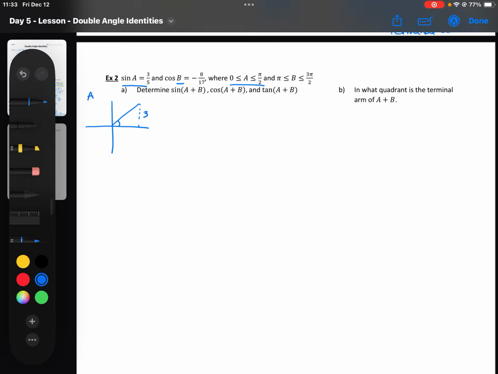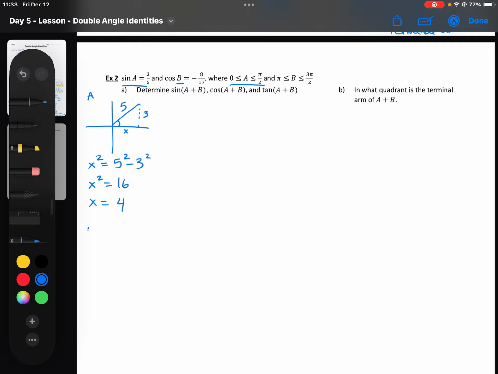So 3 is my y side, 5 is my radius. I'm looking for the missing side, which is x. This is going to be 5 squared minus 3 squared using the Pythagorean theorem. I know that my missing side is equal to 4. I'm going to just use the positive side because I know I'm looking for a side length.